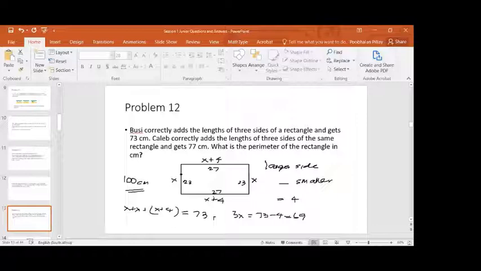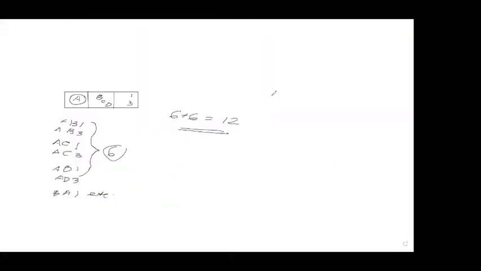Yeah, let me go to my whiteboard. Okay, and then what you could have done is you could have said, let the sides be x and y.